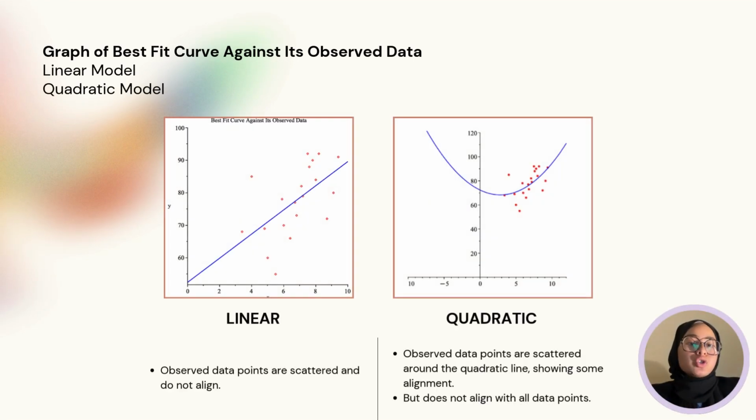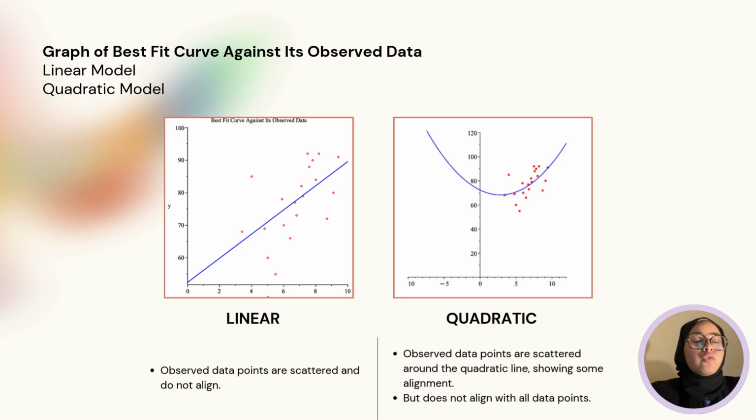Now for the second graph, which is a graph of best fit curve against its observed data. In this slide, I will be explaining two models that we use, which is linear model and also quadratic model. So for the linear model, we can see that the data points are scattered around and do not align. Do not align means that they are not near the linear line.